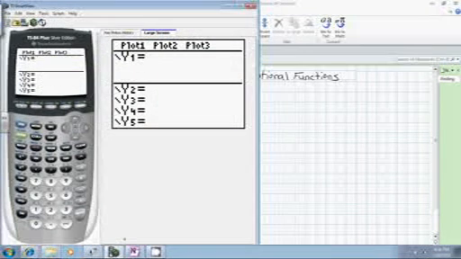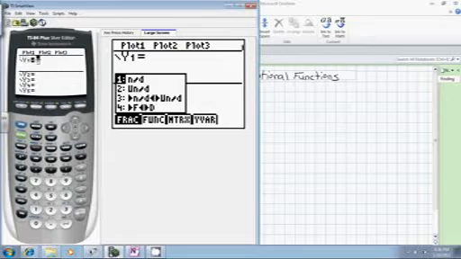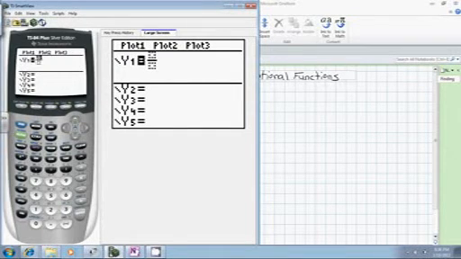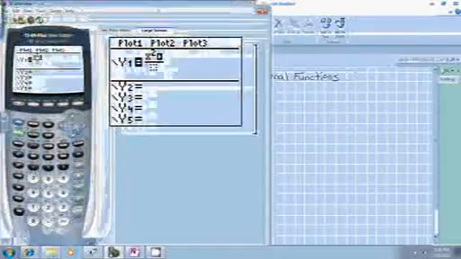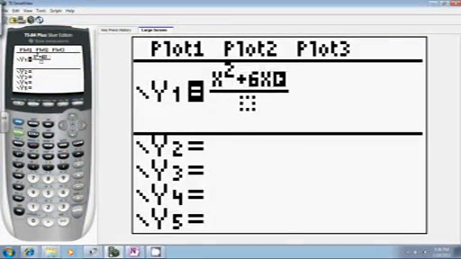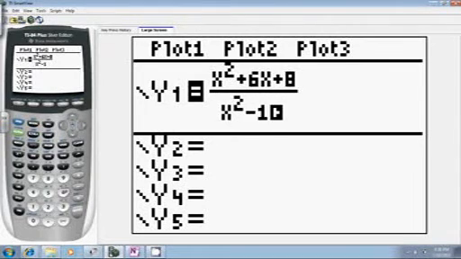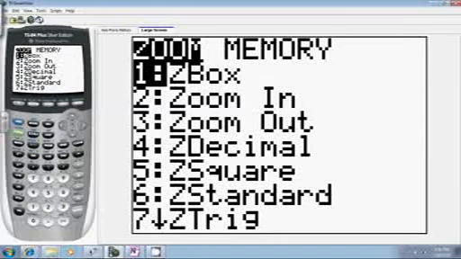So if I type my equation in, x squared plus 6x plus 8 over x squared minus 16, and I'm going to do a zoom decimal, that'd be zoom, then the number 4.